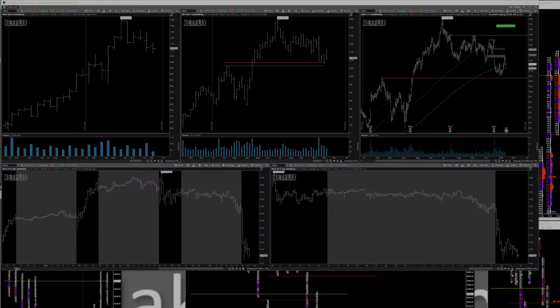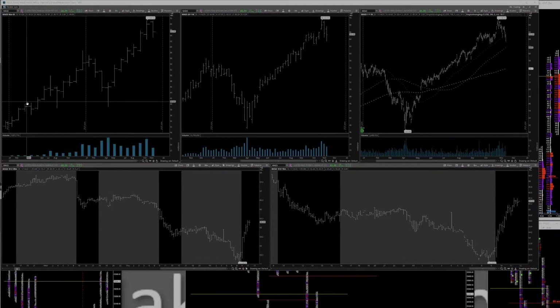Let's check some ETFs. These are the ones that are moving the market. We have high volume in this down. This is a downside day.